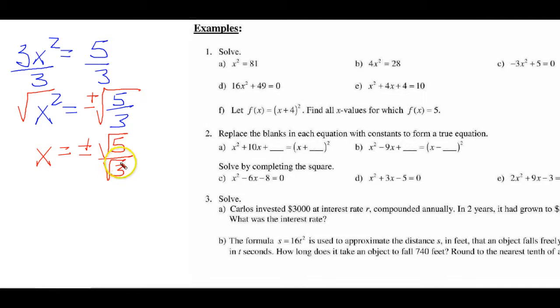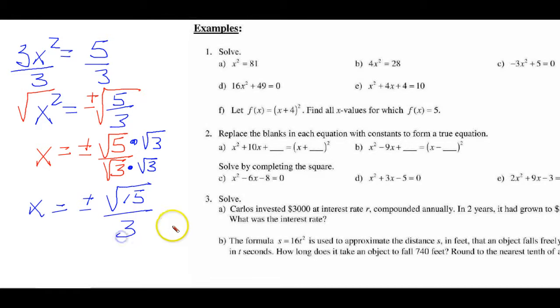Now, we never want to leave a radical in the denominator. So what we need to do here is to rationalize our denominator. That's why we had that technique. We're going to multiply this fraction by 1 in the form of 3 over 3. So this then becomes x is equal to plus or minus the square root of 15 over 3.